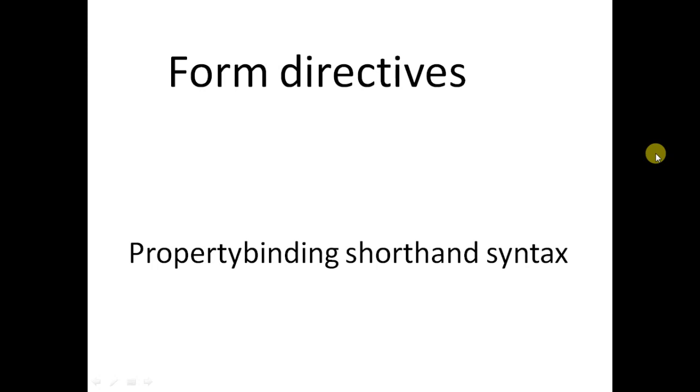Note the square brackets around the attribute name and single quotes around the attribute value. formControlName must be used in the scope of the formGroup directive. It links one of its child FormControl instances to a DOM element. And that's it for the property binding shorthand syntax.